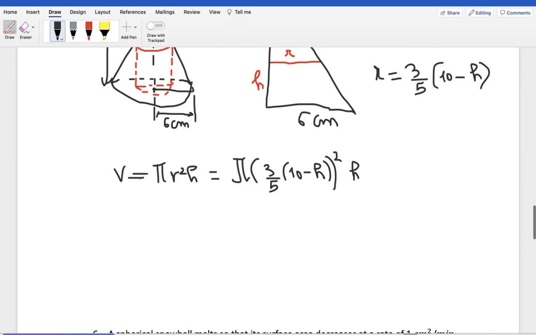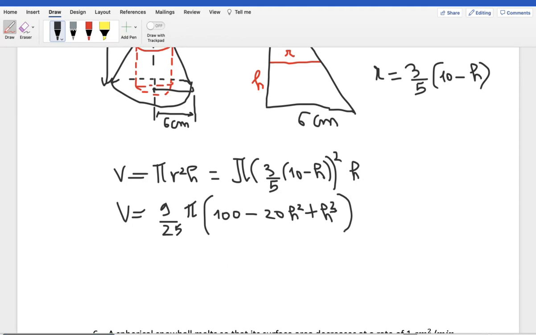Now we have the volume in terms of the height alone, right? So now V is equal to, if you solve this, 9 over 25 multiplied by pi multiplied into 100 minus 20 h squared plus h squared, or rather h cubed, because the h is multiplying in, so h cubed.